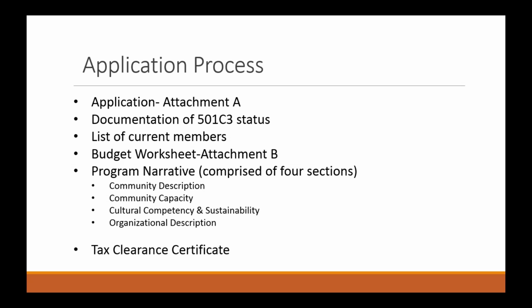The tax clearance is not the same as tax exempt. Sometimes that gets a little bit confusing. For the tax clearance, you go online, and I believe the link is there with the RFA, and what it does is it says that the organization doesn't have any taxes that they owe to the state.